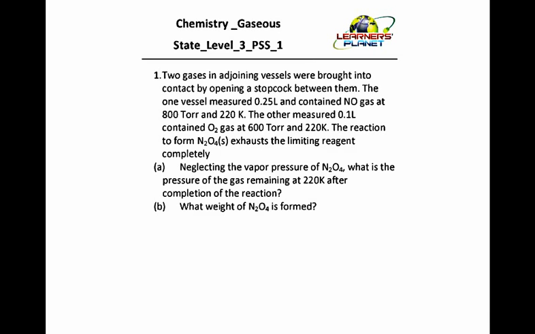So kindly go through this particular problem. There are two parts. We have to calculate the pressure of the gas, and also we have to calculate the weight of N2O4 that has been formed. So here, consider that there are two particular vessels like this.